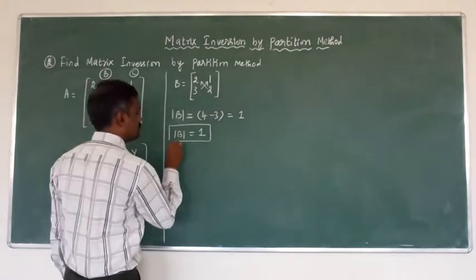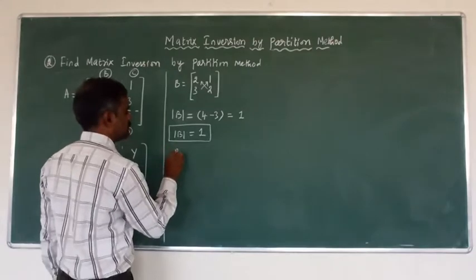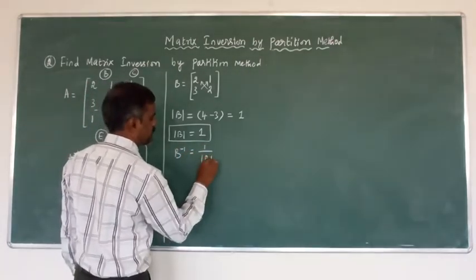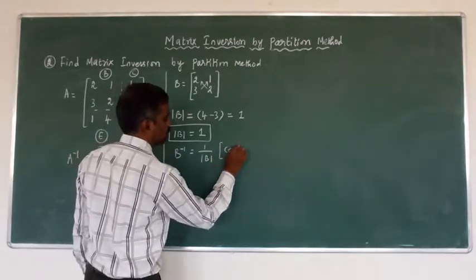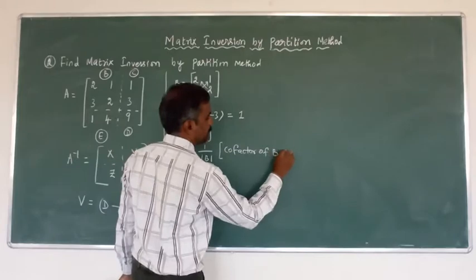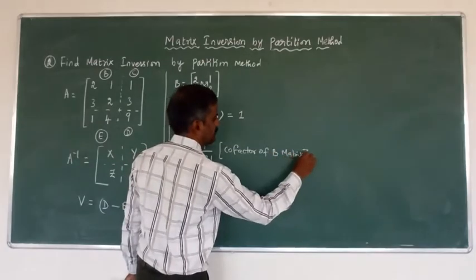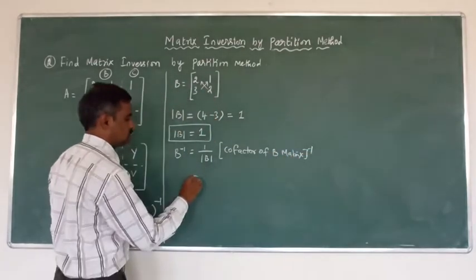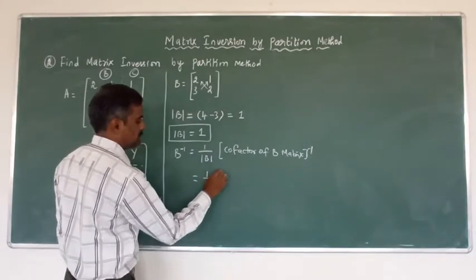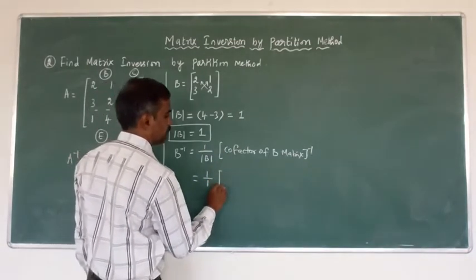Next, to find out the B inverse formula: 1 divided by modulus of B and cofactor of B matrix, and then inverse, 1 divided by 1, and cofactor of B matrix.